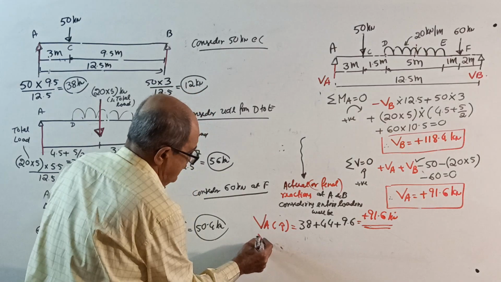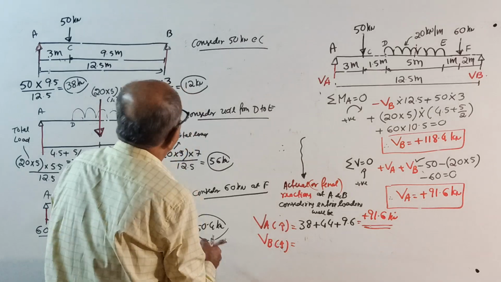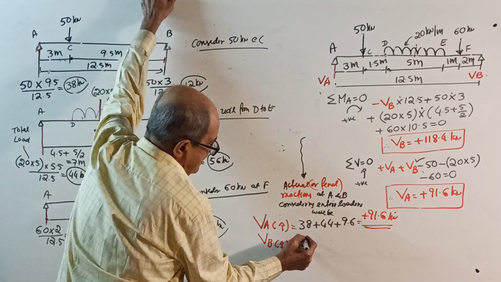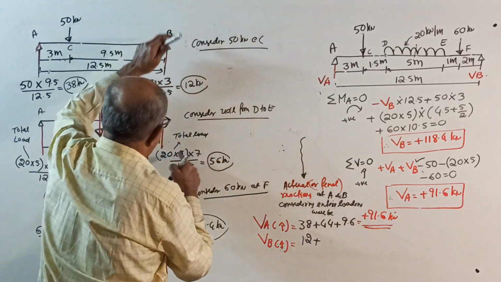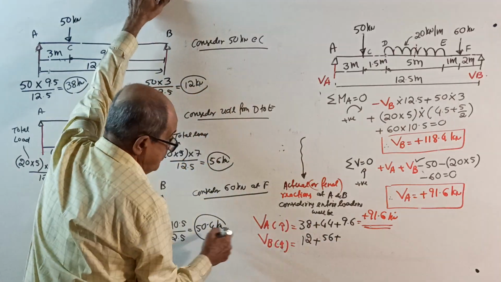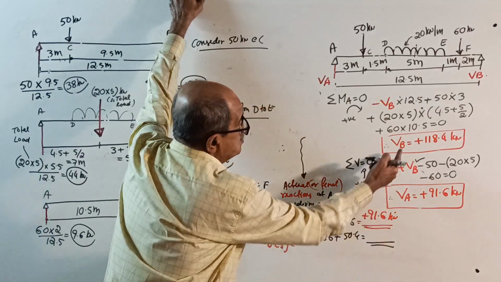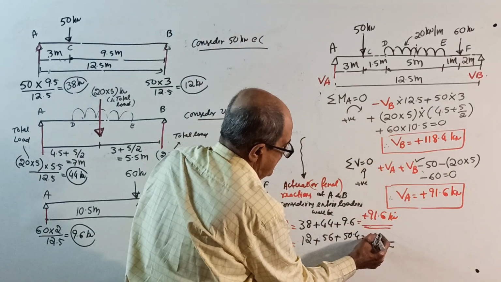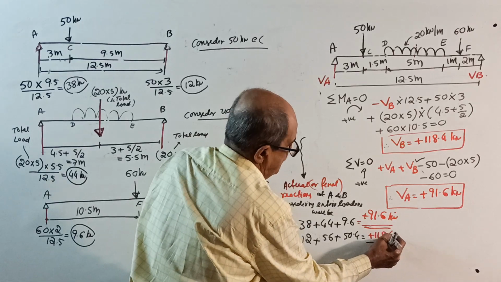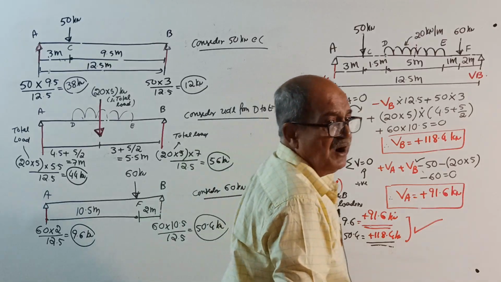And final VB in upward direction equal to 12 plus 56 plus 50.4, equal to surely plus 118.4 kilonewton. Same as what you got earlier.